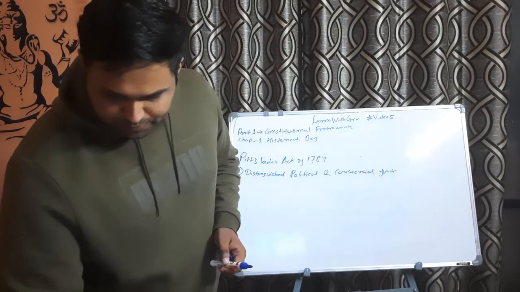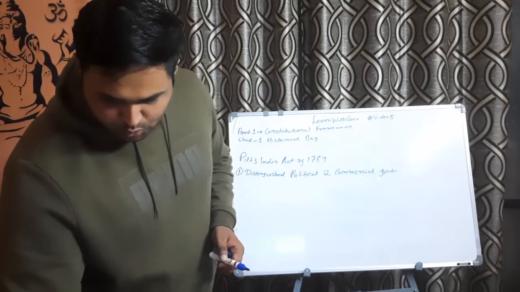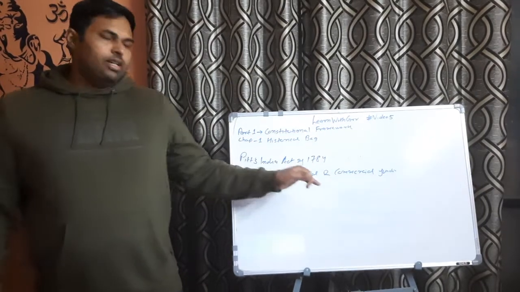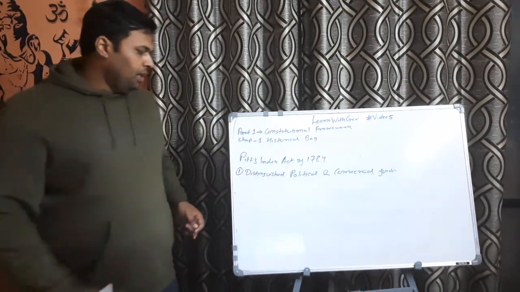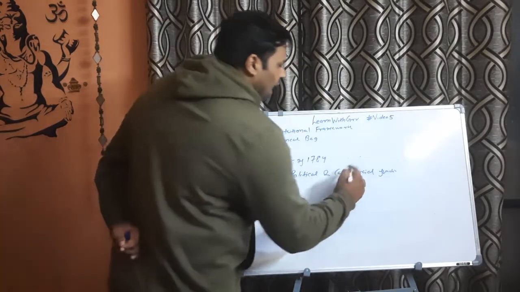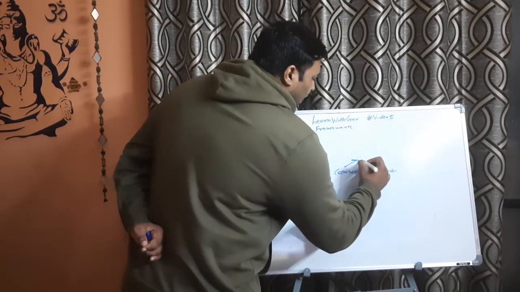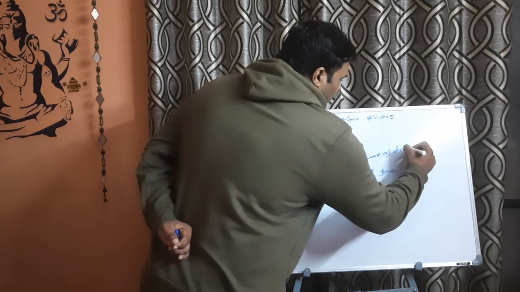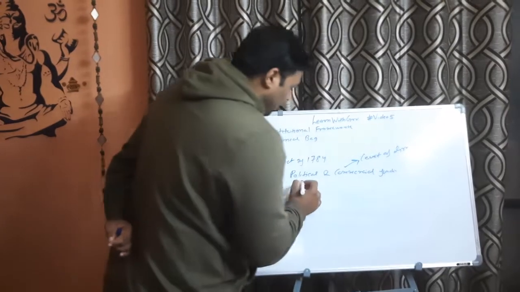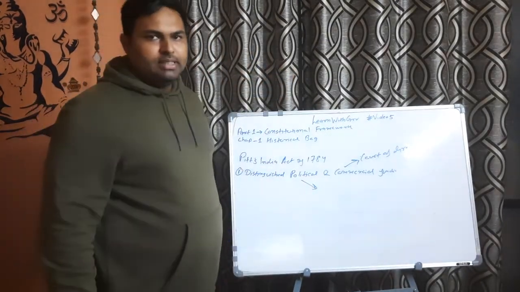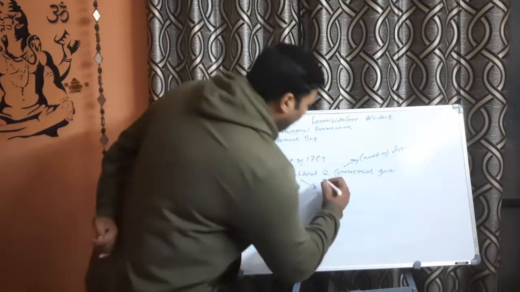Now from the Regulating Act of 1773, we know that we used to have something which is called the Court of Directors, which used to be the governing body of East India Company. But what happened after Pitt's India Act was that the commercial aspect was handled by the Court of Directors, but for the political aspects of the company, for the political matters, we had something called Board of Control.